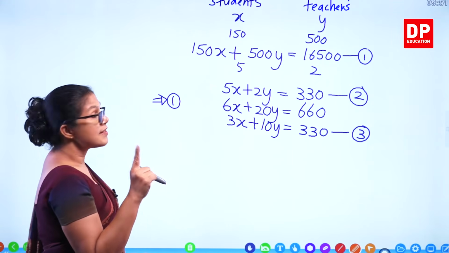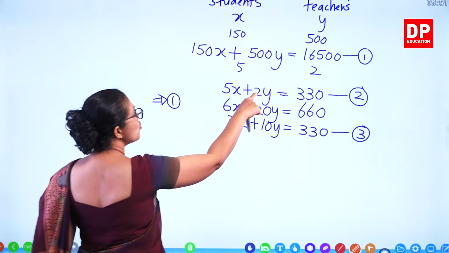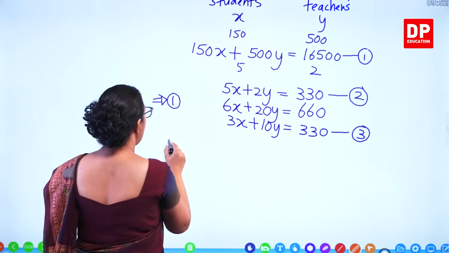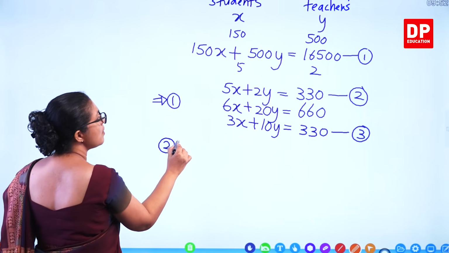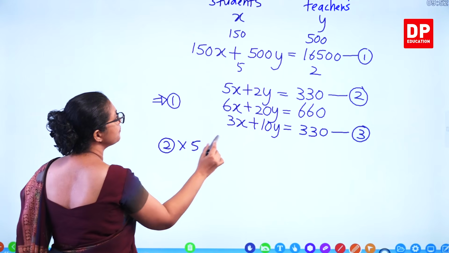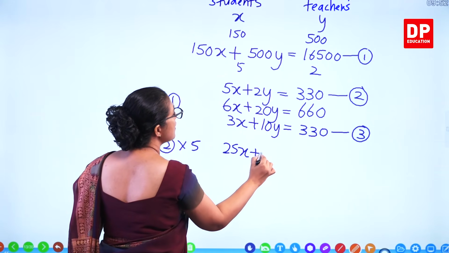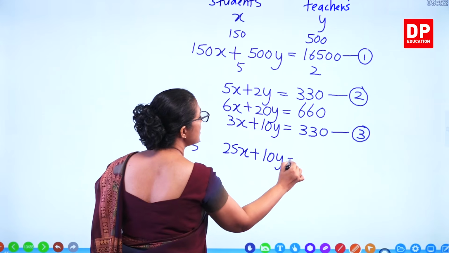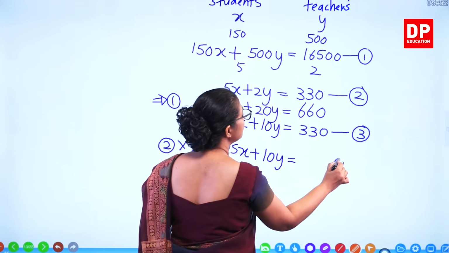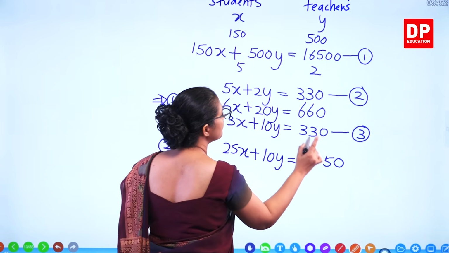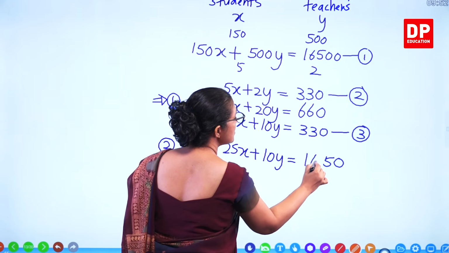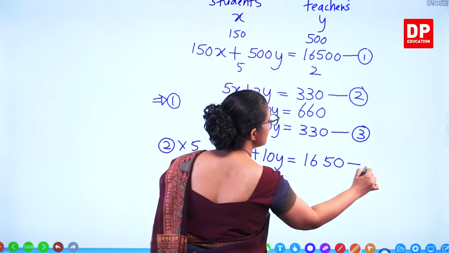Now you have to make the same coefficient. So 2 and here 10. I'll take the second equation and multiply by 5. 5 times 5, 25x. 5 times 2, 10y. 5 times 330, 1650.